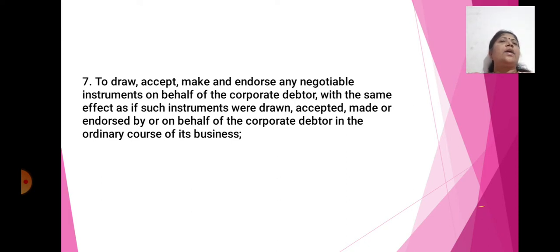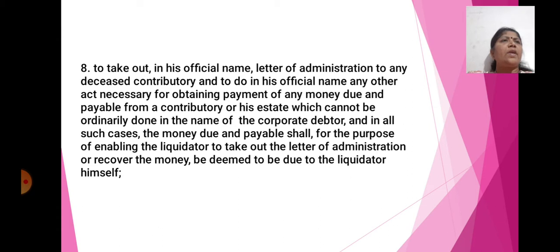Then he has the right to take out in his official name the letter of administration to any deceased contributory, and to do in his official name any other act necessary for obtaining payment of money due and payable from a contributory or his estate or property, which cannot ordinarily be done in the name of the corporate debtor.